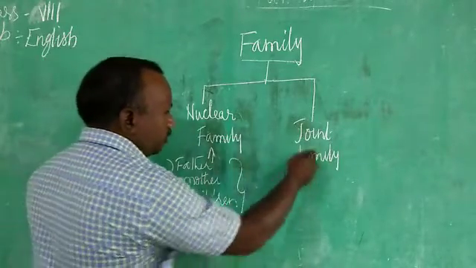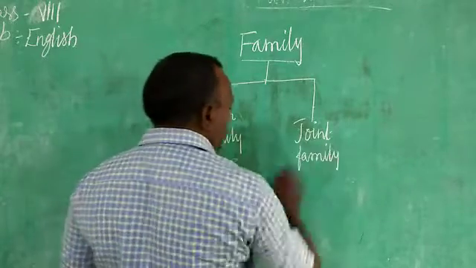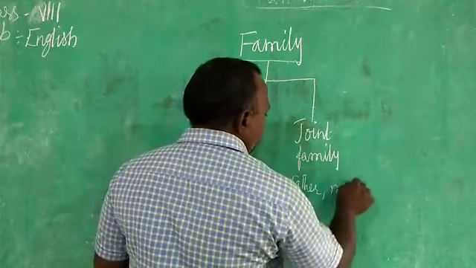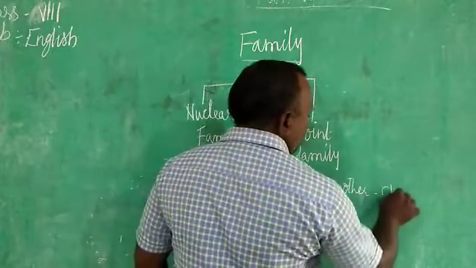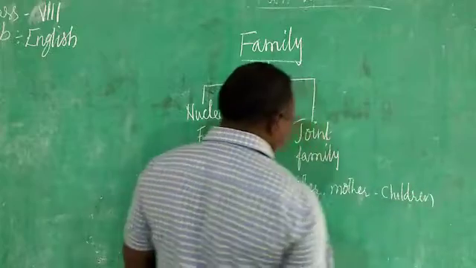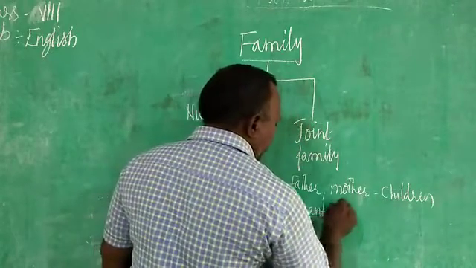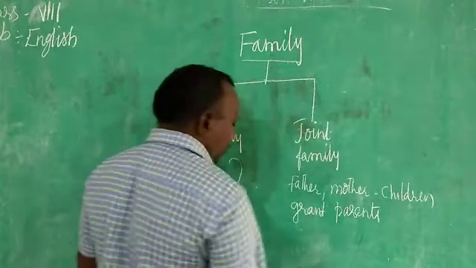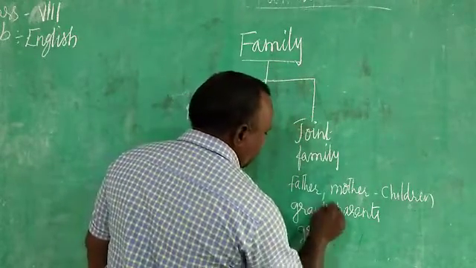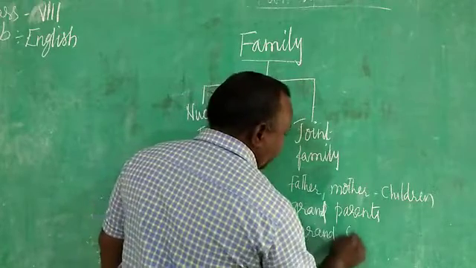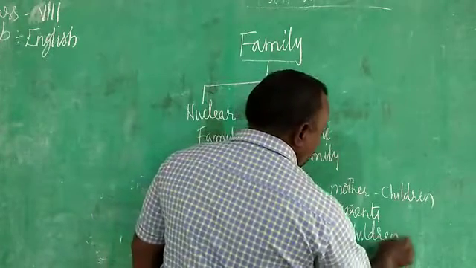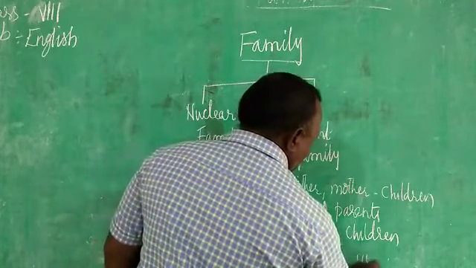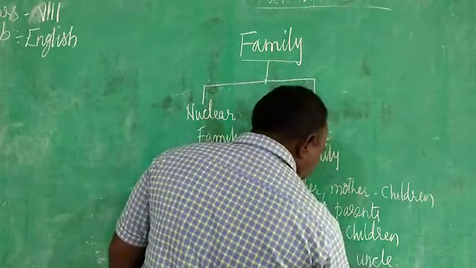Then let's go to the next one. What is a joint family? Joint family means, children, father, mother, their children, grandparents, meaning grandfather and grandmother, grandchildren, auntie, uncle and their children.